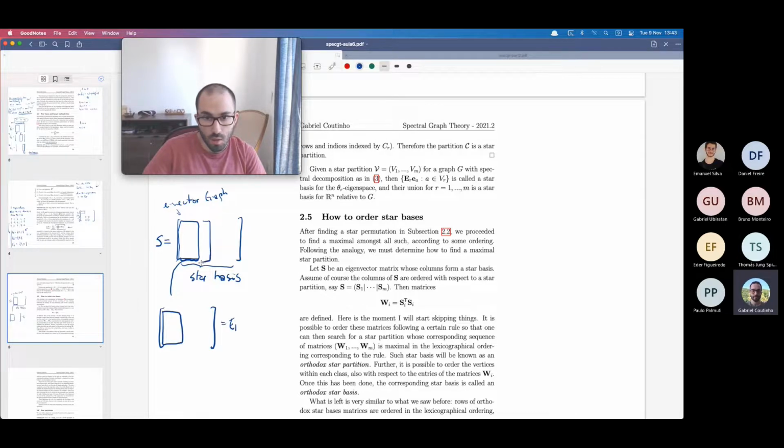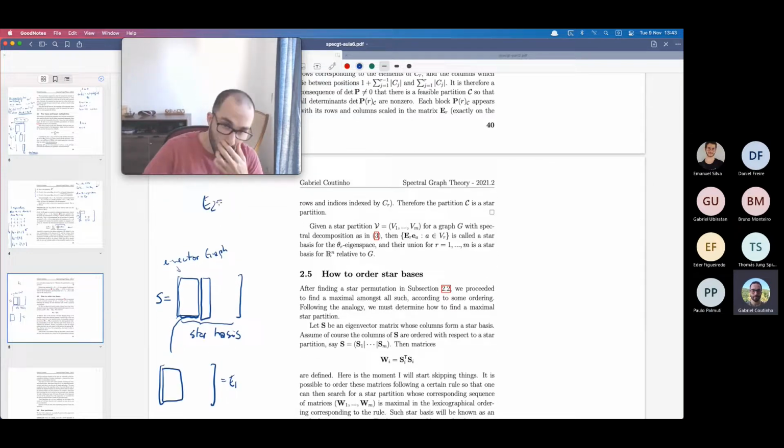These second ones here are coming from a certain block in the E sub 2 projection, and so on.